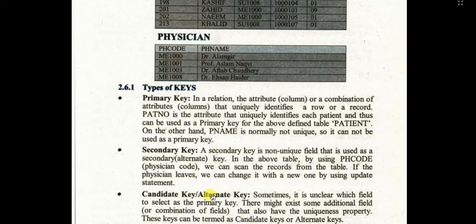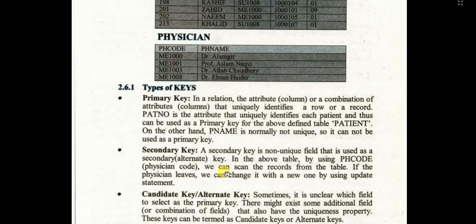Okay, next we have the candidate key. It is also known as an alternate key. A candidate key is all those attributes or sets of attributes in a relationship that can be used as a primary key. For example, if we are talking about a student's table, that would be very easy for you to judge. If we have different attributes in it, like registration number, roll number, name, class.